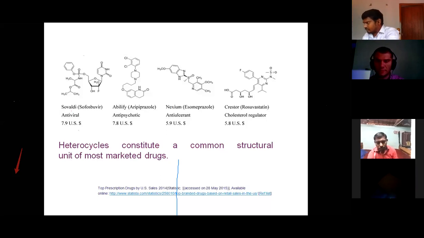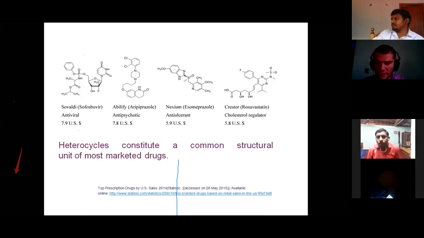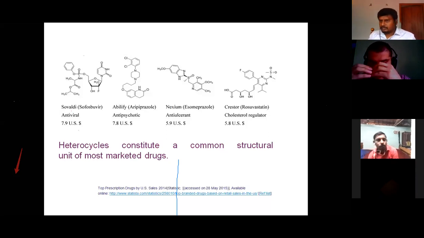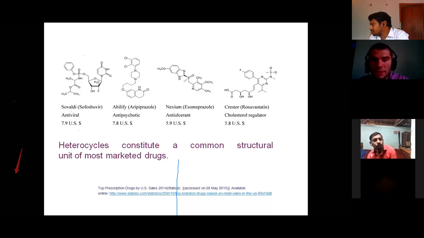This data was shown in the FDA database, and more than 60% of unique small molecule drugs contain nitrogen heterocycles. It's interesting because nitrogen-based heterocycles are very popular in pharmaceutical aspects.